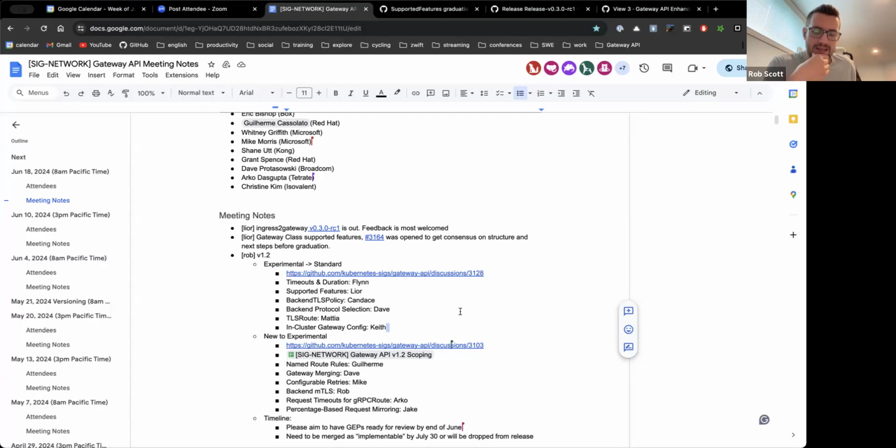I don't want to say this is a great example, but we do have a little bit of prior art here. I would say this would be similar in scope to when we changed the conditions that we required to be set. You're not changing the actual API structure, but you're changing how you expect it to be populated. What some implementations, for example GKE, did for some period of time afterwards is they populated the new conditions and the old conditions, and eventually stopped populating the old conditions.